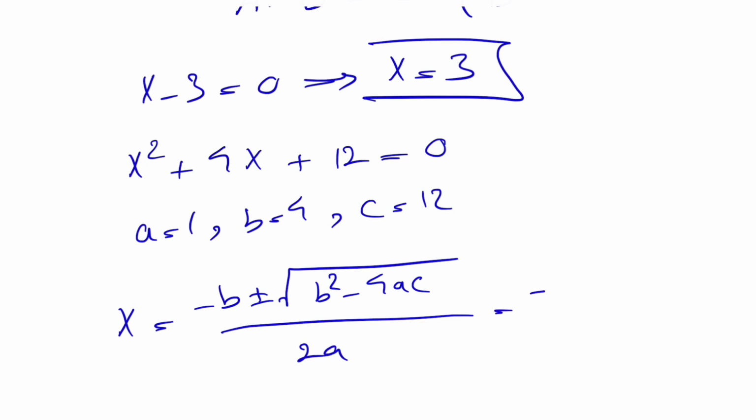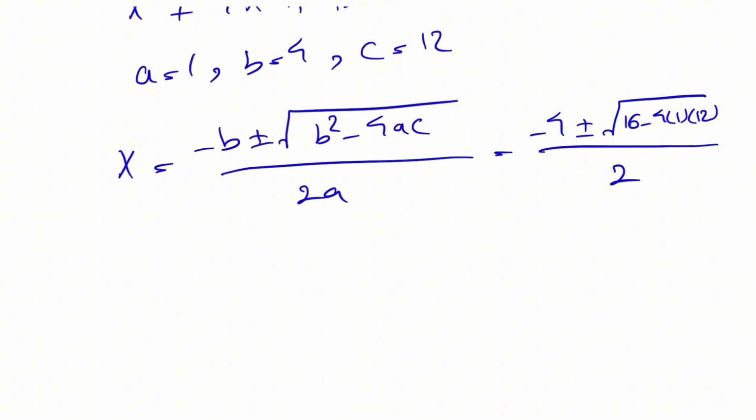So we'll have minus 4 plus or minus the square root of b squared, which is 16, minus 4 times our a, which is 1, and c, which is 12, divided by 2. So we can see that we have a negative number. Our discriminant is a negative number, which means we have a complex answer.